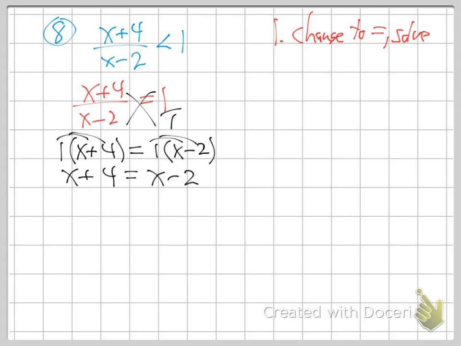We have x on opposite sides, so subtract x from both sides, and the problem falls apart. So there's no answer from step 1. See how the x's both vanished?